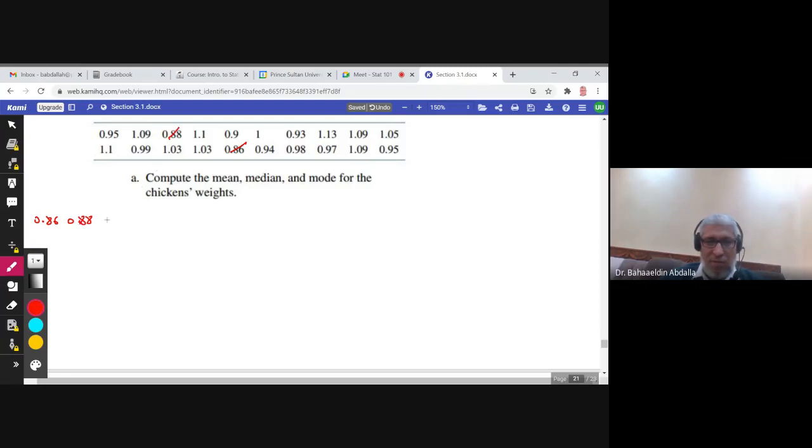We also have 0.9, 0.93, 0.94, 0.95 twice, there is also 0.97, 0.98, and 0.99.